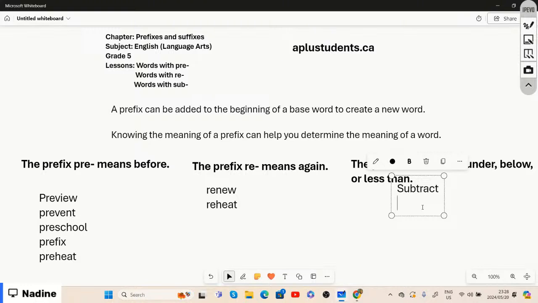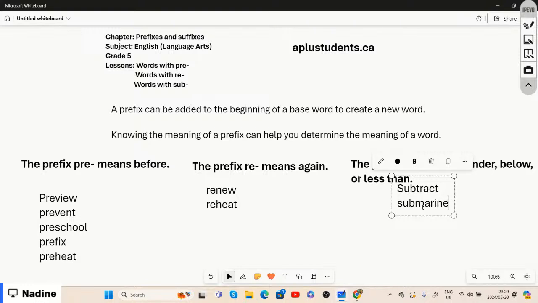If we think of under, then we can think of the word submarine. And submarine, if you think of a marine that works, let's say on the sea or at the sea, I'm not sure if it's on sea or at the sea.